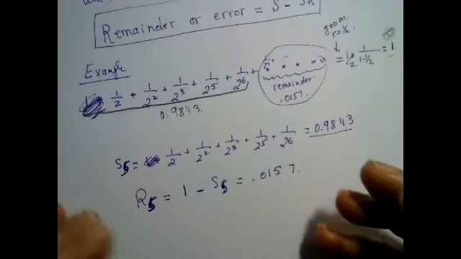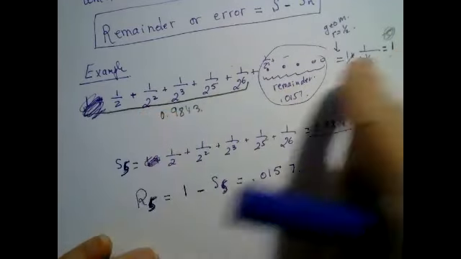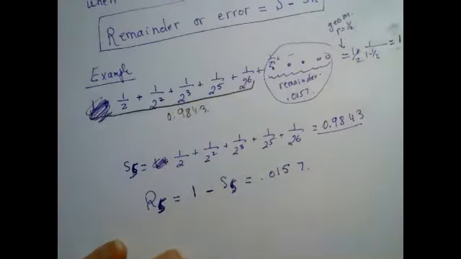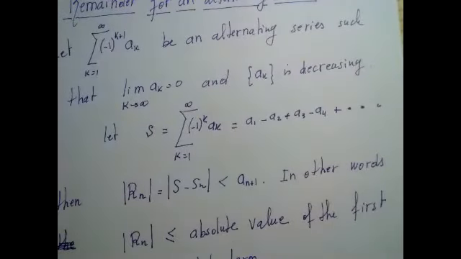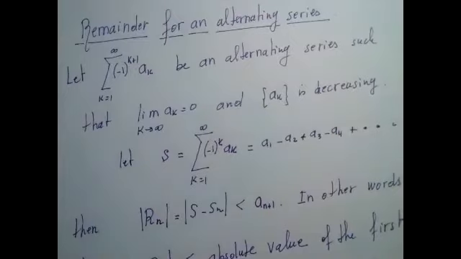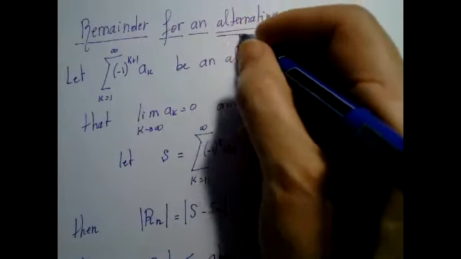And the remainder has to be small because the remainder is used to approximate the total sum by the partial sum. So for alternating series, there is a very nice formula that will help me to find the remainder. I will state it and then I will use it. Okay. So the remainder for alternating series, and this is only true for an alternating series.